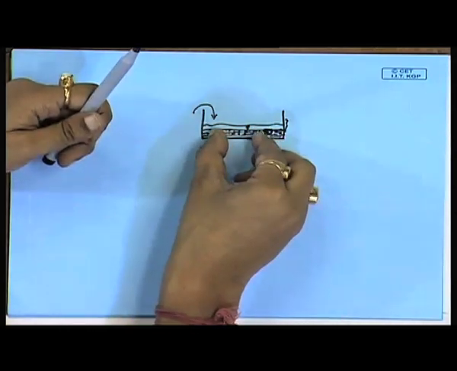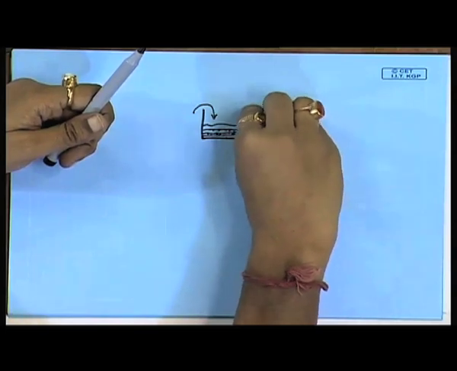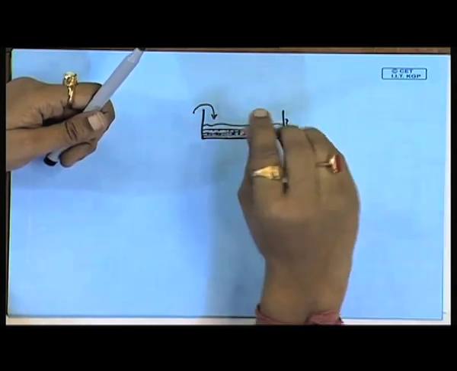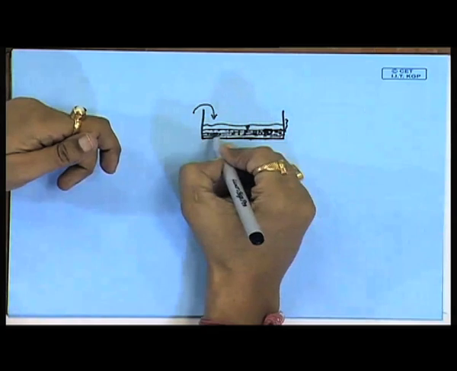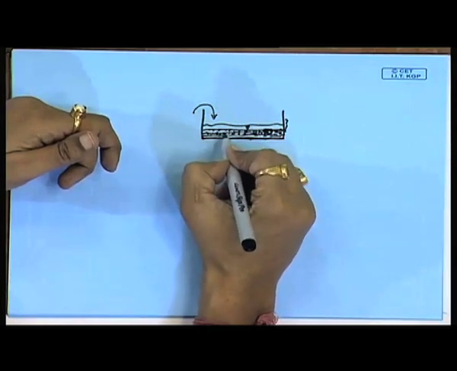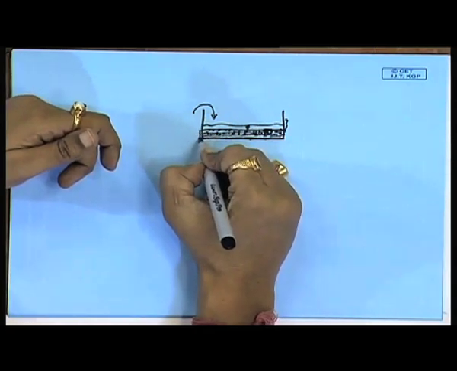So the heat generation within the bed is taken care of. It is controlled by the liquid present in the bottom of this reactor.